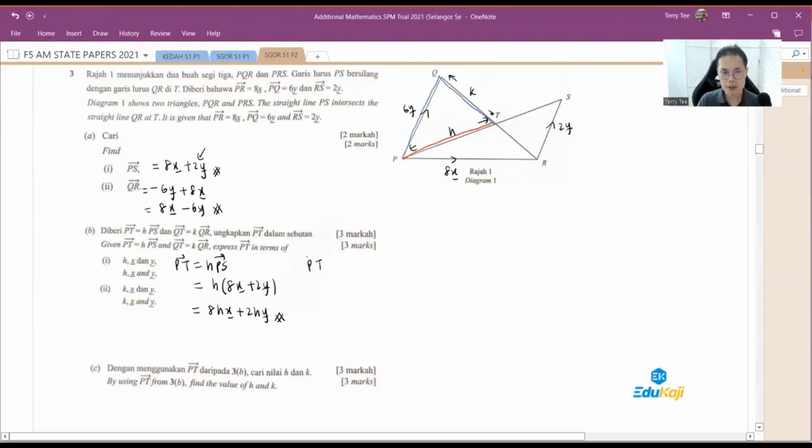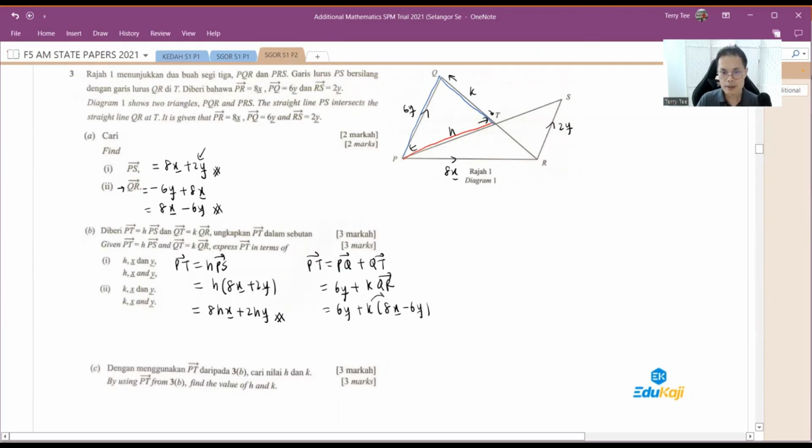So I'm going to write here, PT equals P to Q plus Q to T. Now, PQ is just 6y. QT is k times QR. Since I know QR from the first part, just use the result. I'm going to sub inside. This will be k(8x minus 6y).